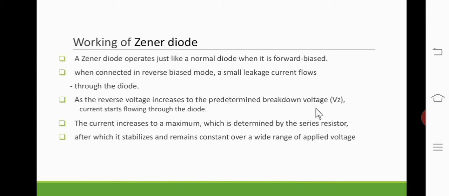Reverse current rises sharply to a value limited by the external resistance connected in series with the junction. This critical value is called the breakdown voltage.